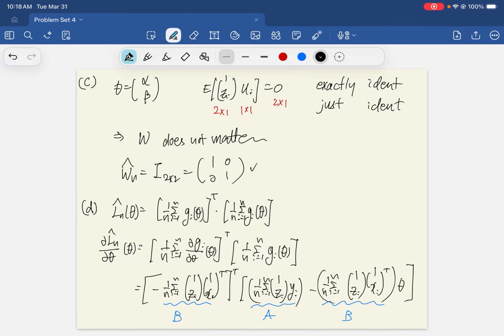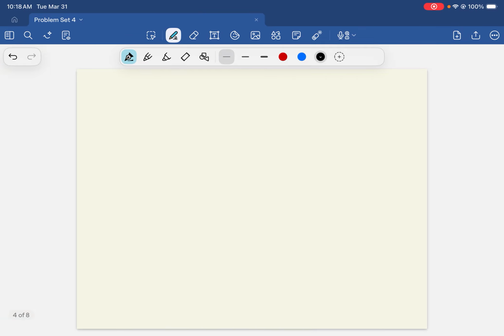Okay, then the first order condition is B transpose (A minus B theta hat_n) is 0. So that is the first condition.